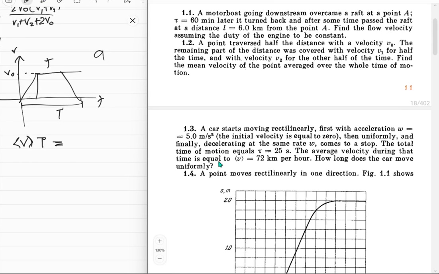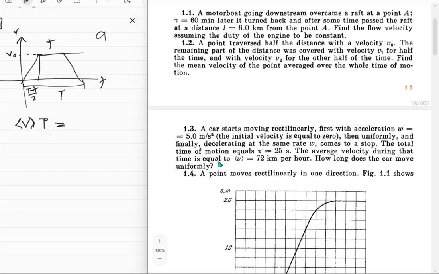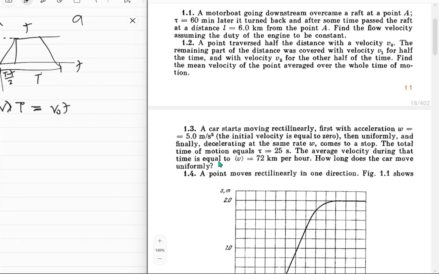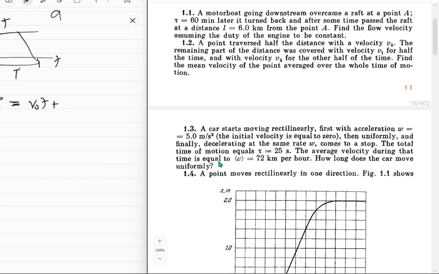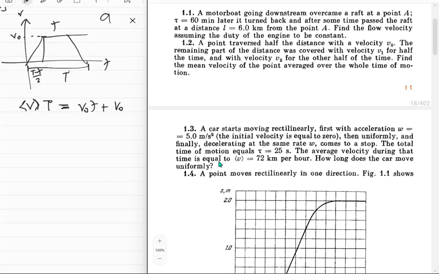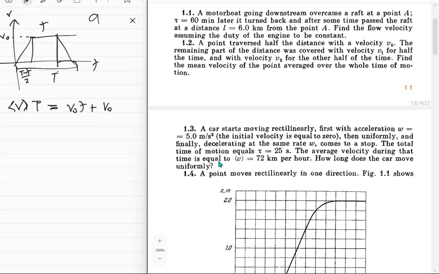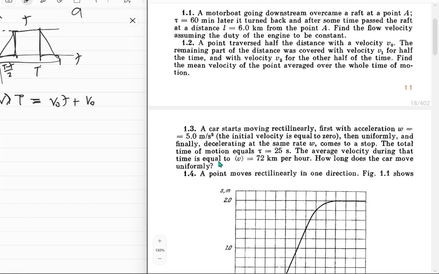Each of the two slanted parts will be capital T minus small t upon 2. Then the displacement is just the area. So v naught times t plus v naught. These two combined become one rectangle, so just v naught into T minus t upon 2.